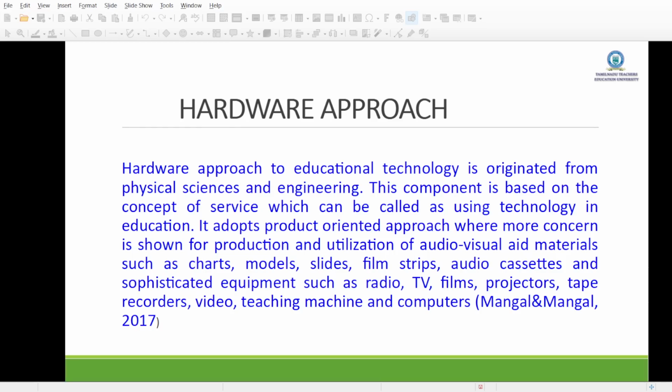It adopts a product-oriented approach where more concern is shown for production and utilization of audio-visual aid materials such as charts, models, slides, film strips, audio cassettes, and sophisticated equipment such as radio, TV, films, projectors, tape recorders, video, teaching machines, and computers, etc.